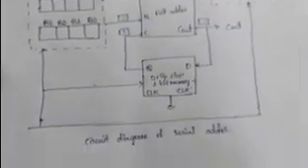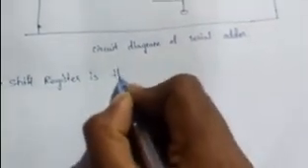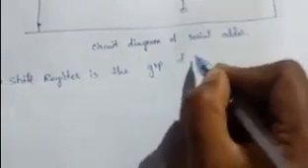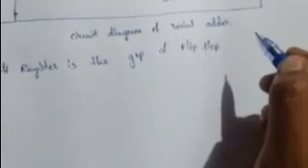Now let us see the circuit diagram of serial adder. It contains two shift registers, a full adder and a D flip-flop. Here a shift register is a group of flip-flops. A flip-flop is a clock controlled memory device.